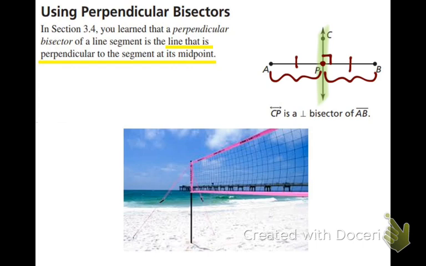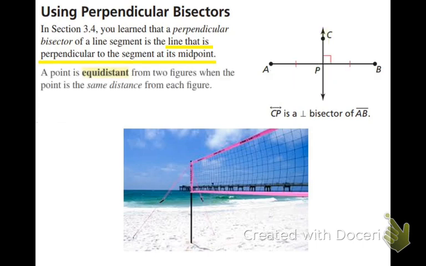It says in your notes, a point is equidistant from two figures when the point is the same distance from each figure. So equidistant is your first blank.